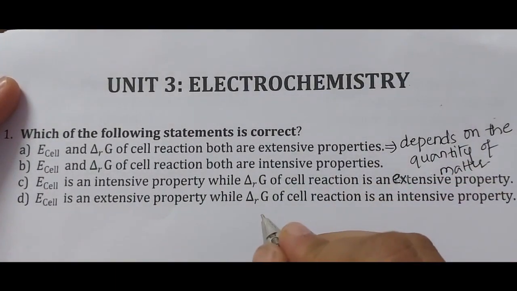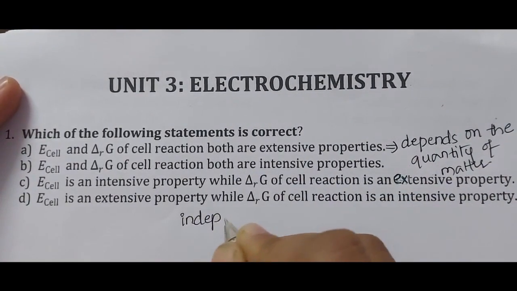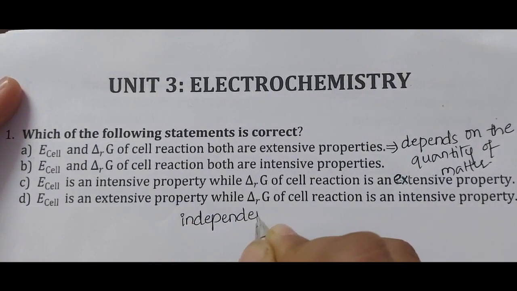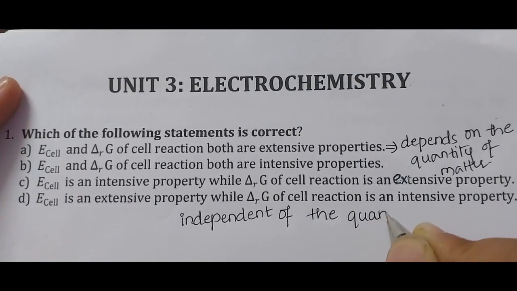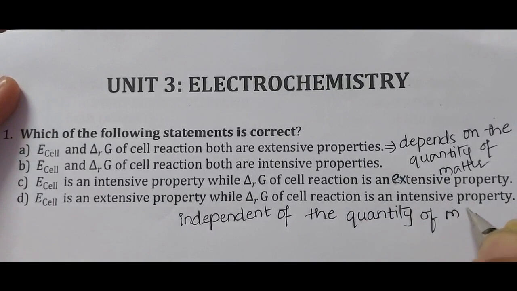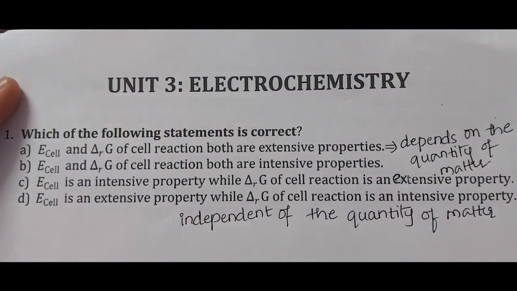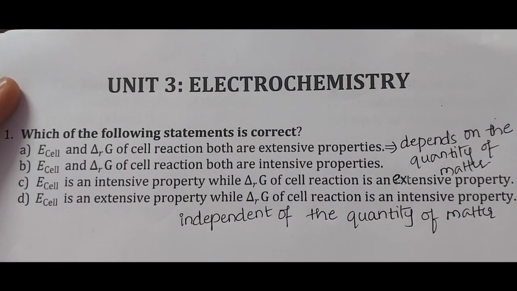Whereas intensive means it is independent of the quantity of matter present in the system. So extensive property is dependent on the quantity of matter present in the system. Intensive means it is independent of the quantity of matter present in the system.